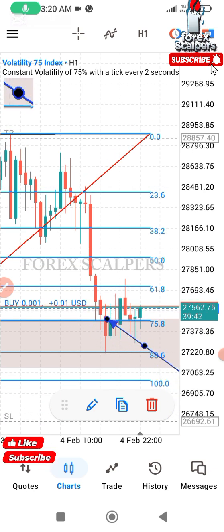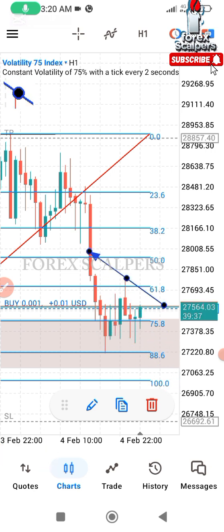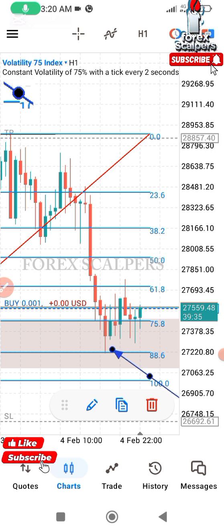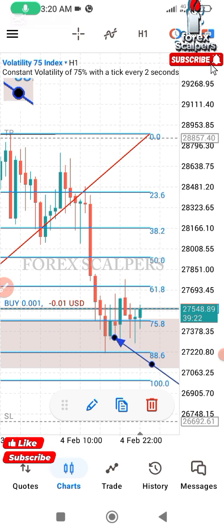I will need to see the presence of buyers before I can buy, because it was sellers that brought price back to this zone. So first, when price came to this zone, I began to see rejection from this first candle, rejection from this other candle. I saw a bullish attempt, then sellers still proved, then buyers came in and gave us this engulfing candle.